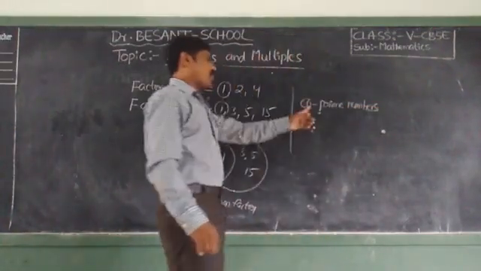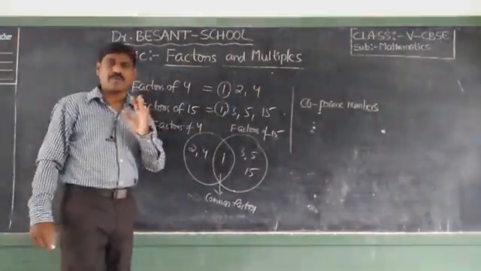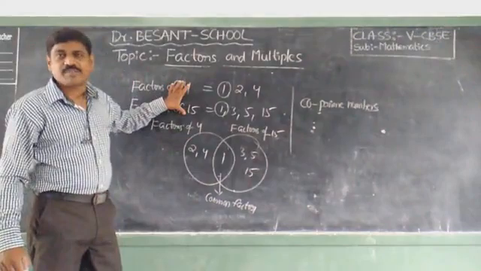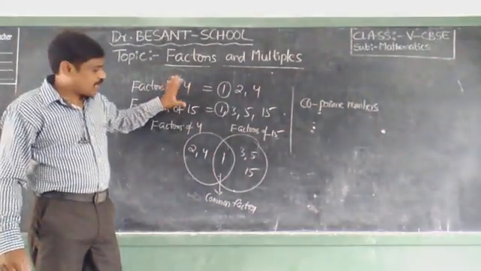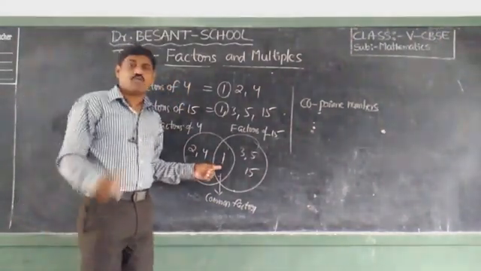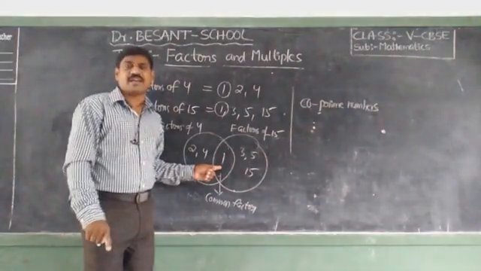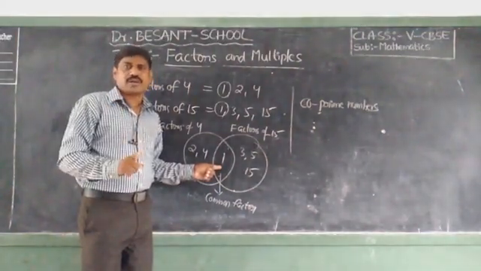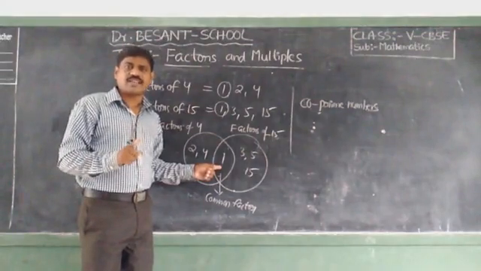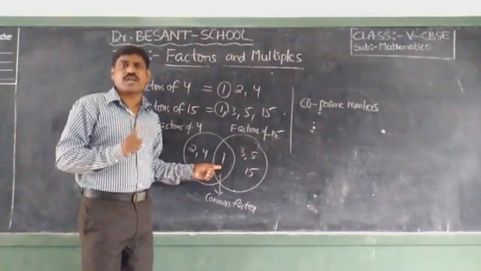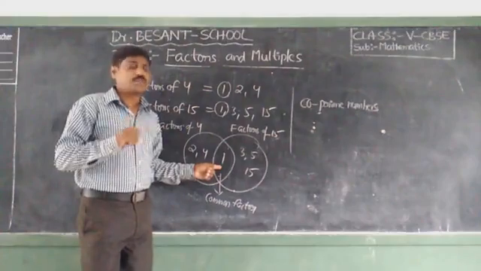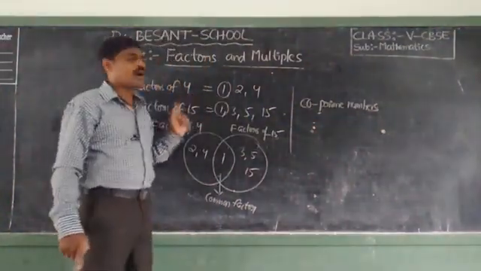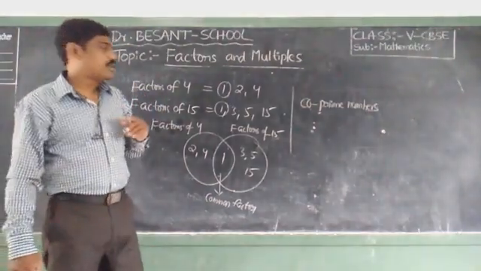Co-prime numbers means, suppose 4 and 15, both have only 1 as the common factor. If any two numbers have only one common factor, 1, then those numbers are called co-prime numbers. So 4 and 15 are co-prime numbers.